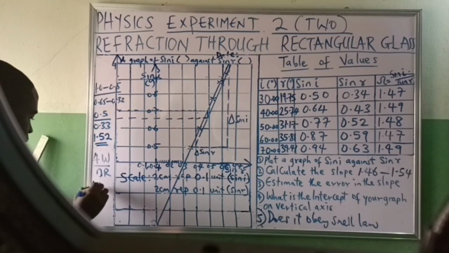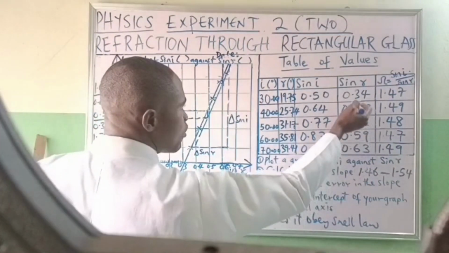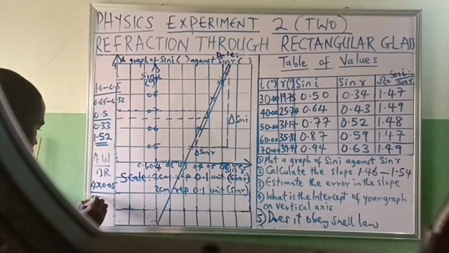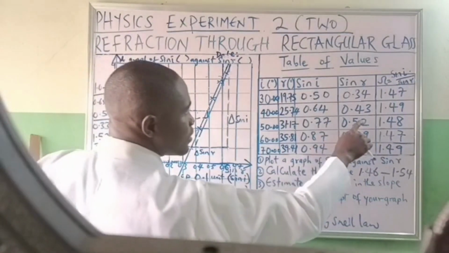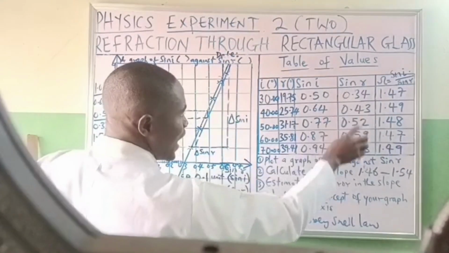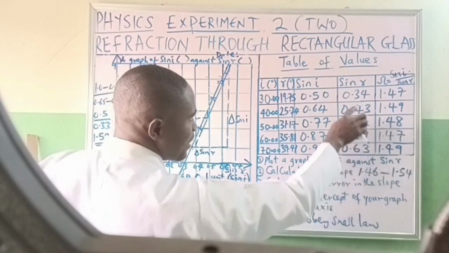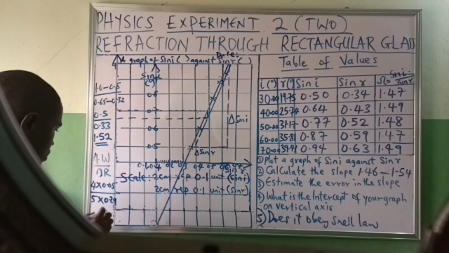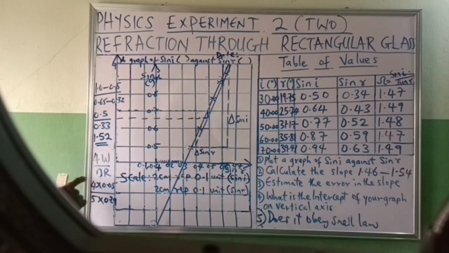4 times 0.05, all over N, which means the number of points you plotted: 1, 2, 3, 4, 5, times R, which means the highest value on the horizontal axis minus this one. That will give me 0.29. Now you put this in your calculator.